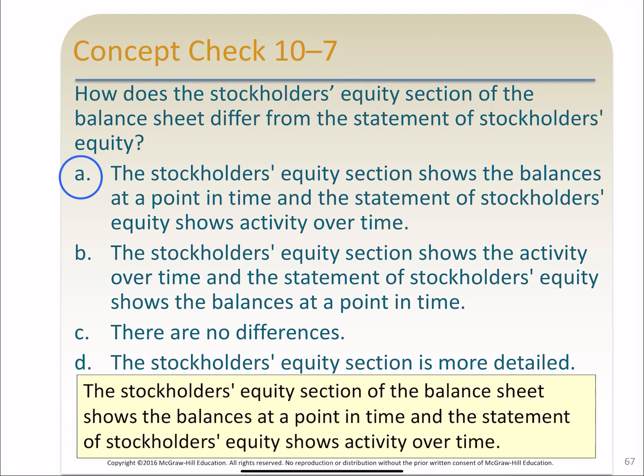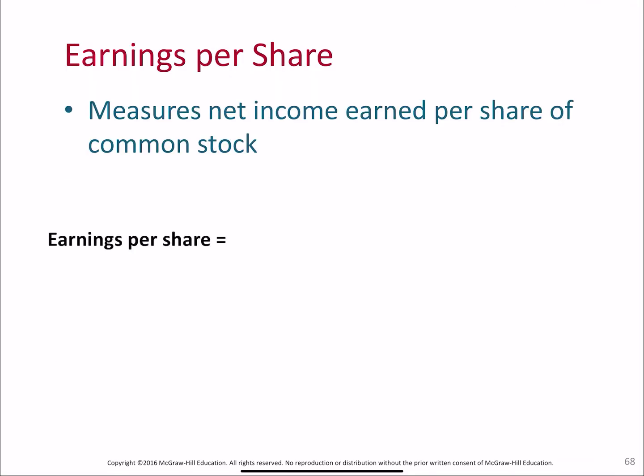So let me cover one last concept before I close out this lecture, and that's earnings per share. Now, earnings per share, we don't have to do accounting to come up with earnings per share because accounting has already derived the net income, or hopefully it's net income and not a net loss.